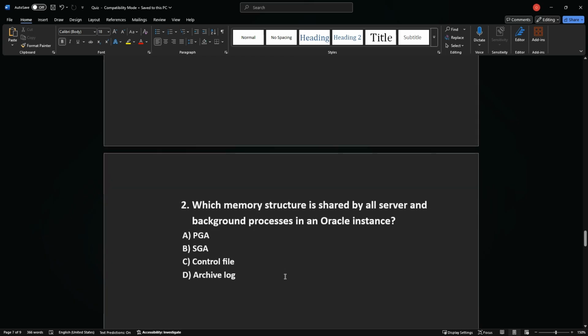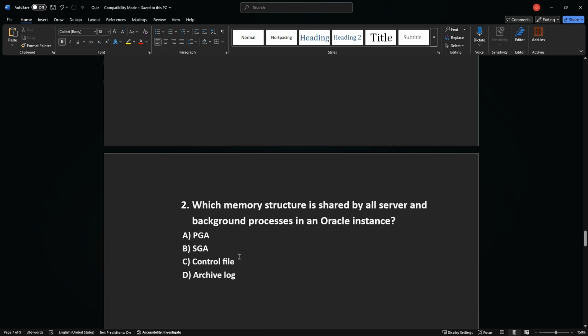Which memory structure is shared by all server and background processes in an Oracle database instance?